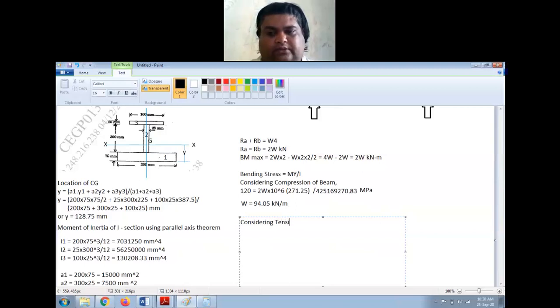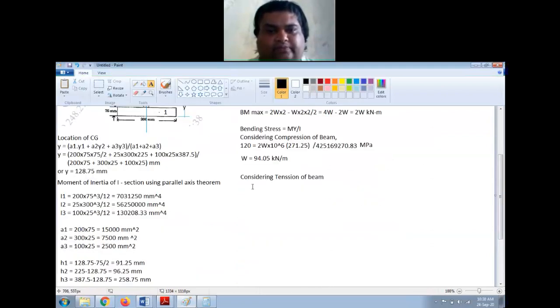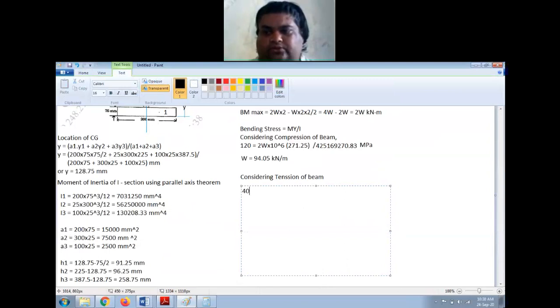Considering tension of beam. So tensile stress is given as how much? 40 megapascal. So 40 is equal to, this will remain same, 2 times W into 10 raised to 6, right?